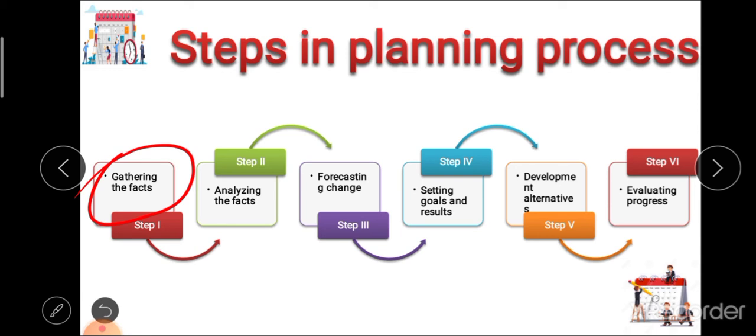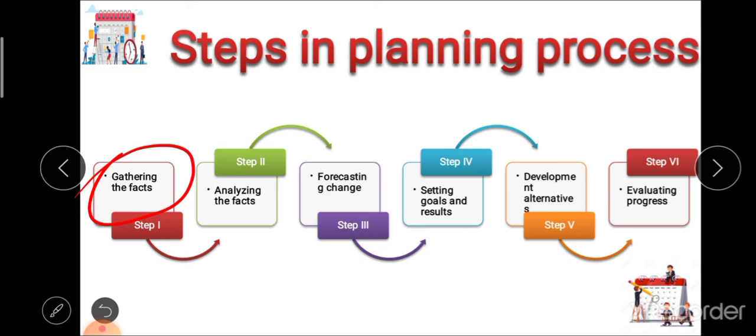After analysis of the facts, you get the answer of where you are, that means what the position of our organization is today, and how to reach the goal. Analyzing facts helps in identifying existing problems and opportunities, and provides the framework upon which to base successful decisions.